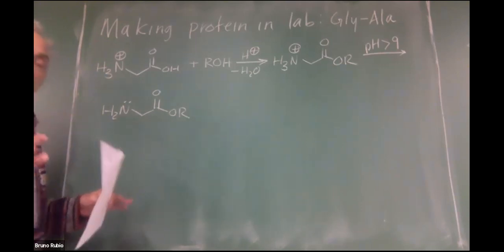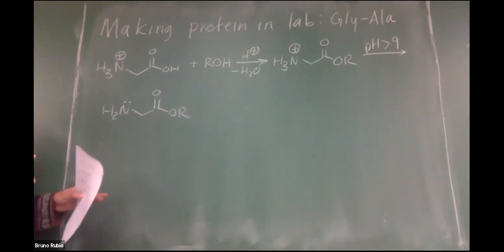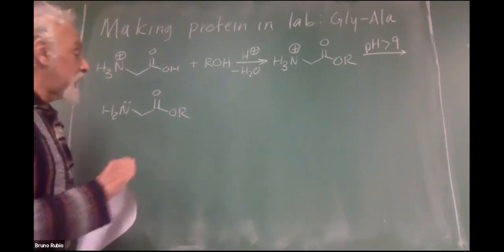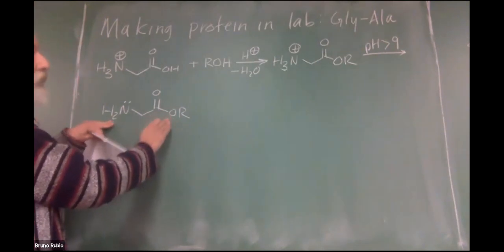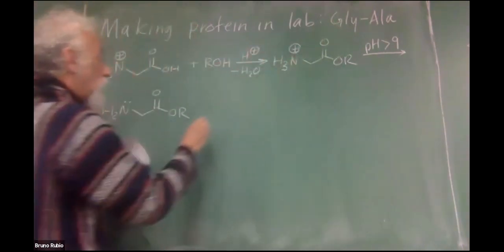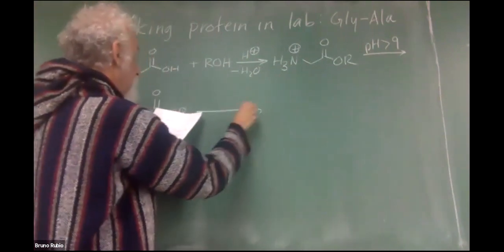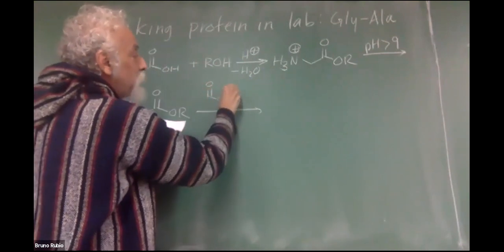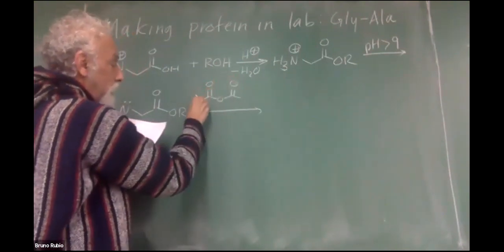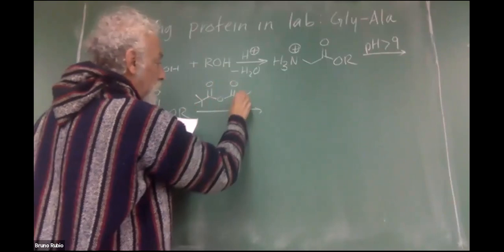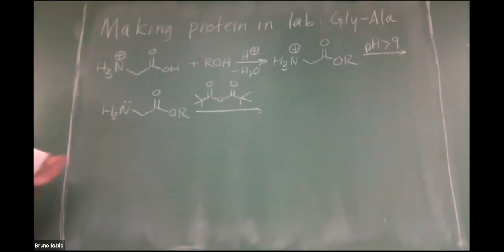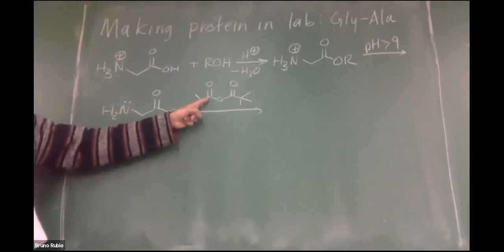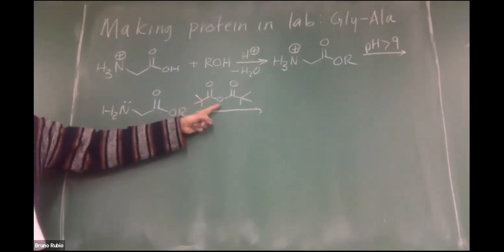And so now here's the trick, right? Here's some of the cunning that we have to use to make a protein in the laboratory. This glycine, our so-called first amino acid, is now reacted with this anhydride, and it's going to be another acyl substitution reaction where there's a carbonyl carbon bonded to something that's not carbon and not hydrogen.